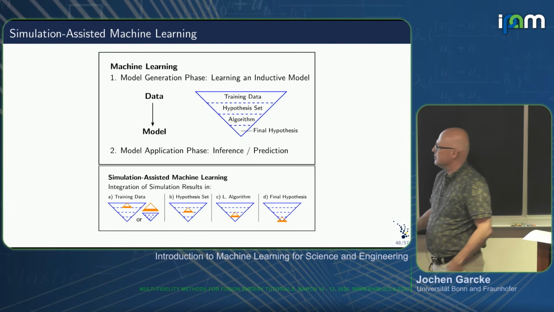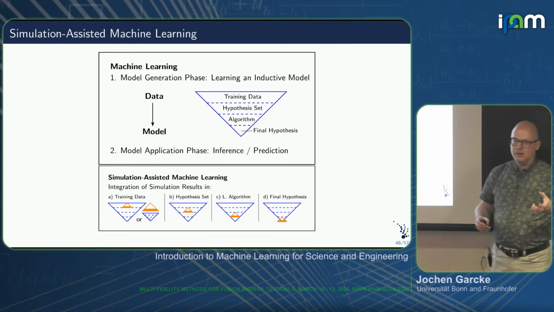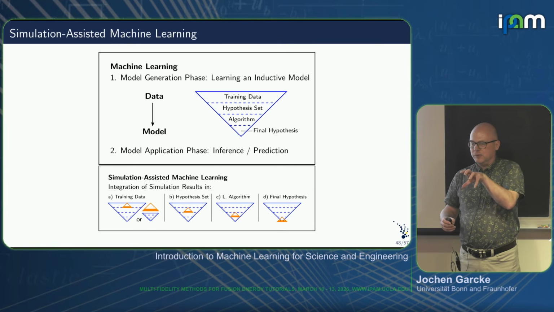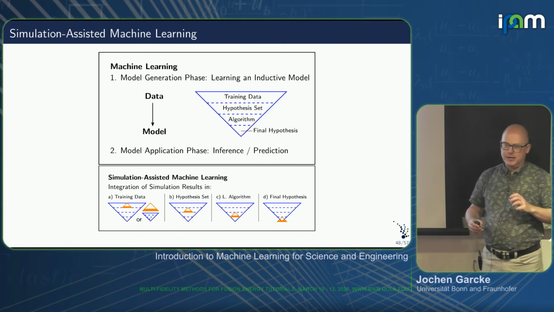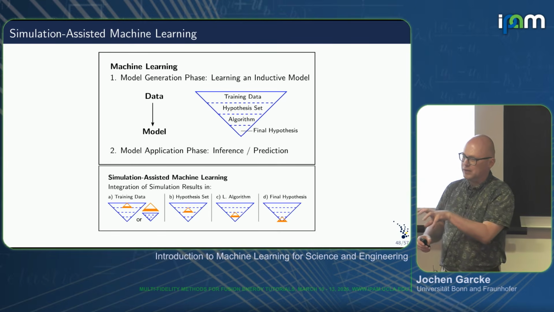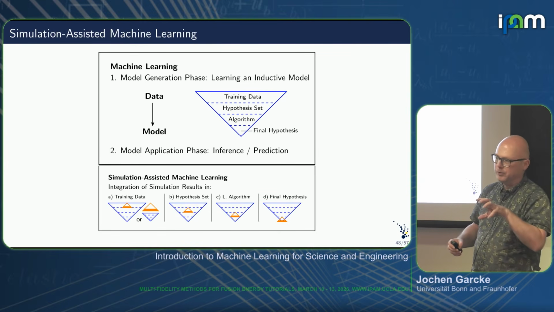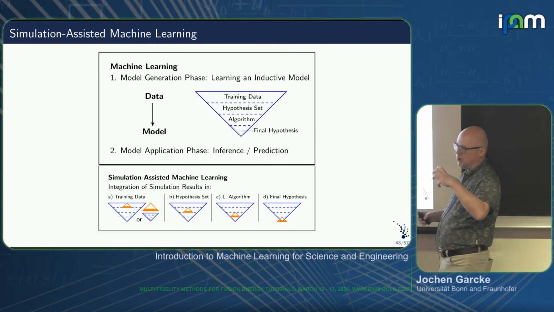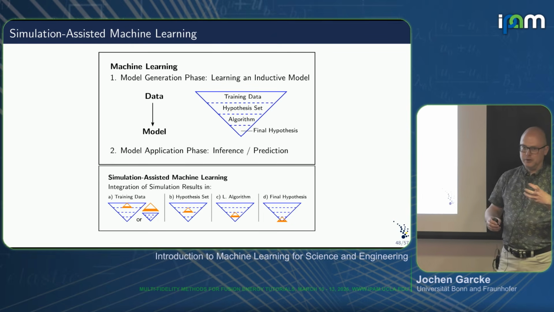You can integrate that into the model. So certain, let's say, basis functions integrated in the model, which stand for numerical simulation. Or in the learning algorithms, that you have some constraints which are implicitly defined by numerical simulation. Or, more importantly, you have an outcome of the machine learning model.